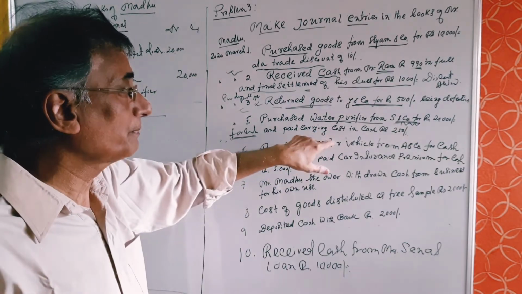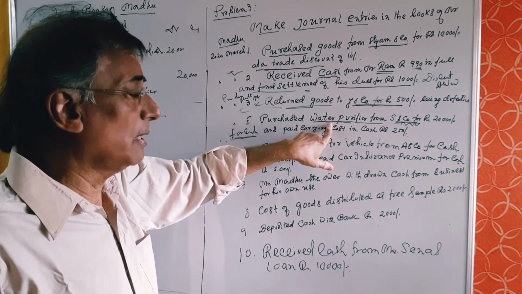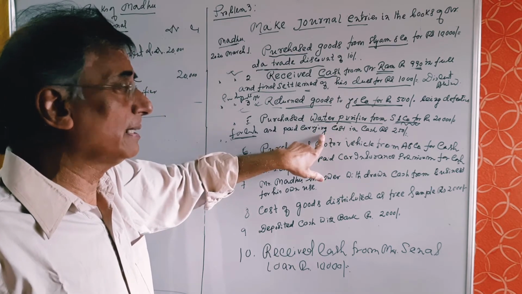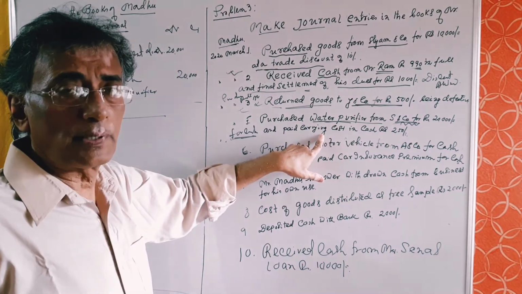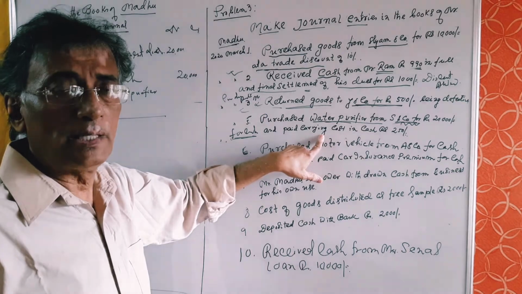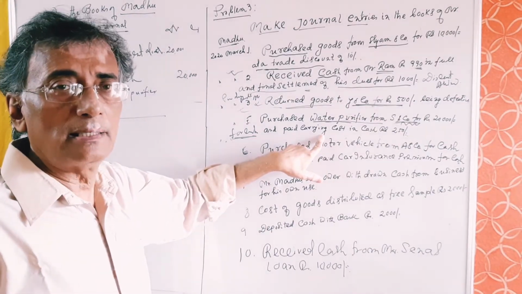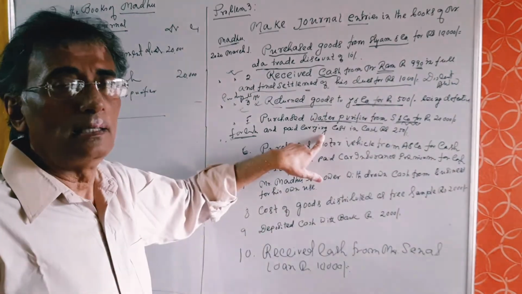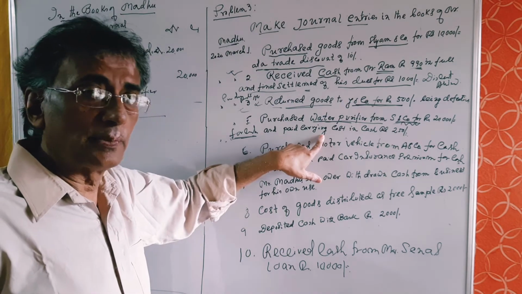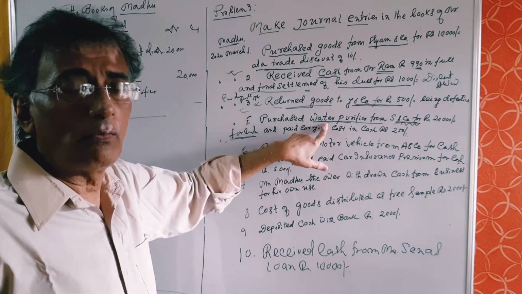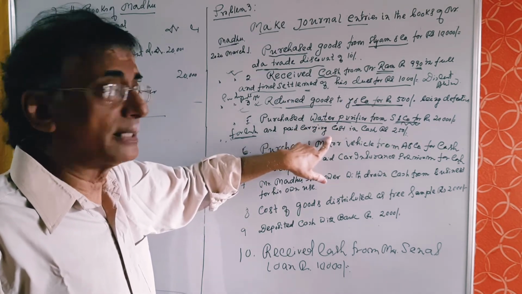So we should debit office equipment account for these carrying charges, because as per accounting principle, all the expenditure incurred to bring the asset to its usable condition is capital expenditure. So we should debit office equipment account for this carrying cost.